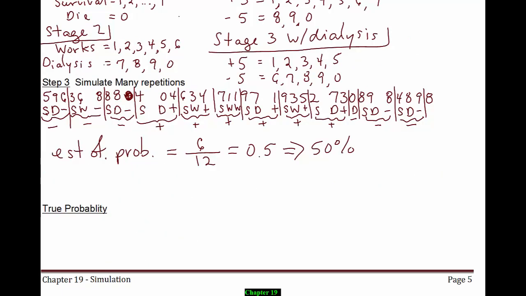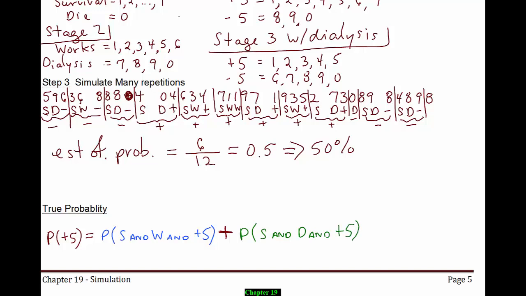So now we can compute the probability of surviving past 5 years. The probability of surviving past 5 years is either surviving the original operation and having a kidney that works and surviving past 5 years, or, and remember the word or means to add, surviving the original operation and going on dialysis and still surviving past 5 years.